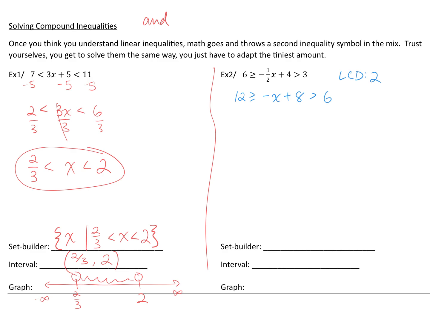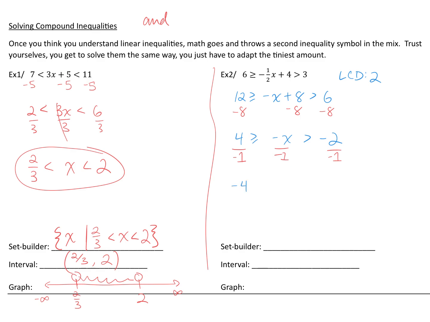From here, you can see that we can pretty easily solve for x by subtracting 8, which gives 4 is greater than or equal to negative x, which is greater than negative 2. But this is not just x isolated. So the last thing we need to do is divide by -1 or multiply by -1, whatever makes you feel good.